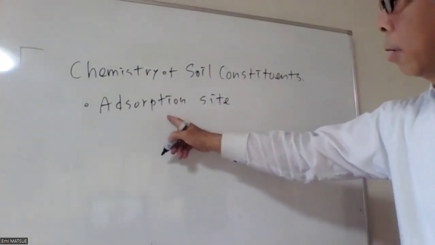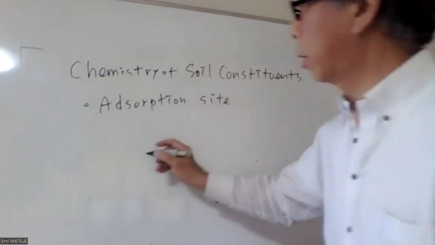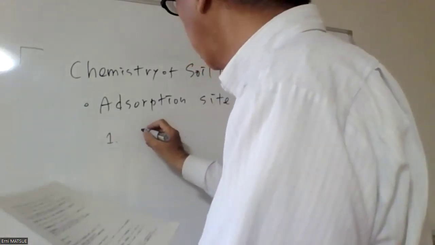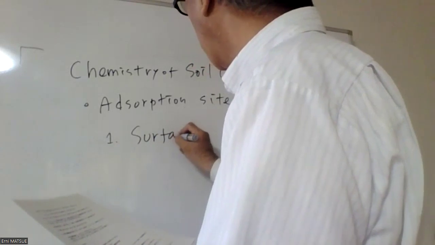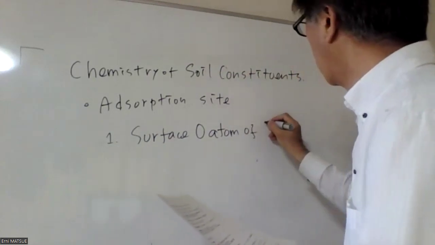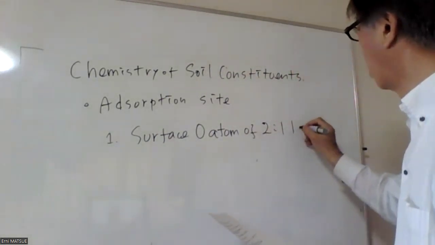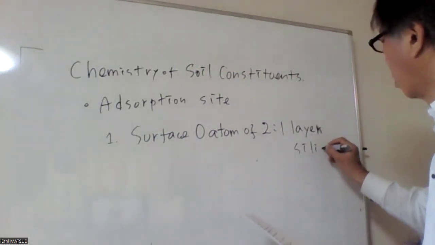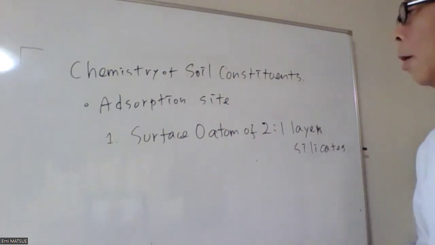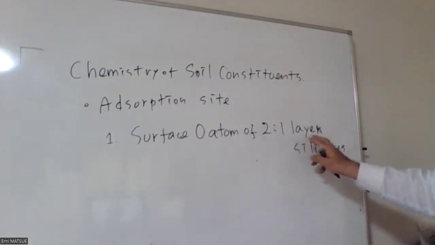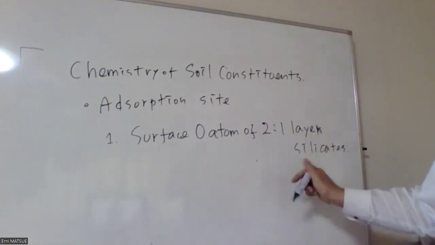One adsorption site is the surface oxygen atoms of 2-to-1 type layer silicates, such as montmorillonite and vermiculite.